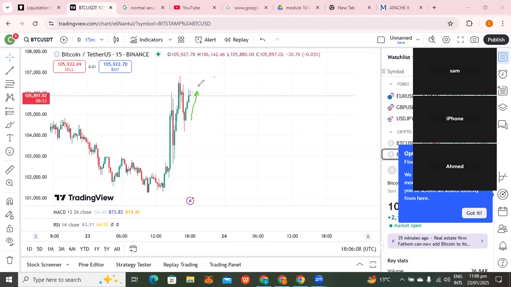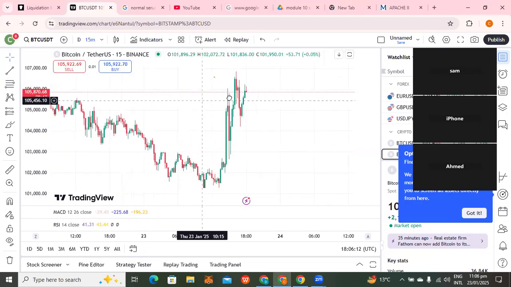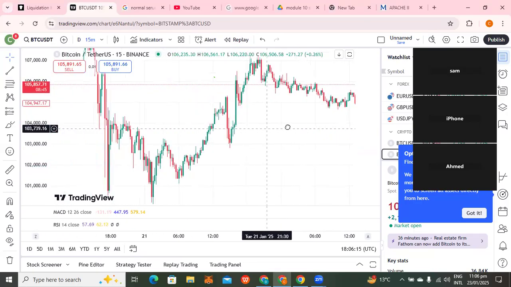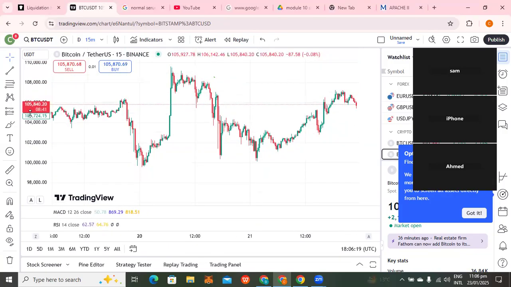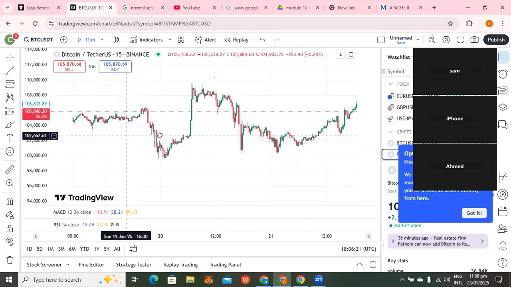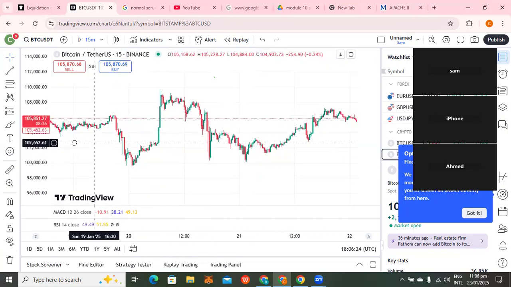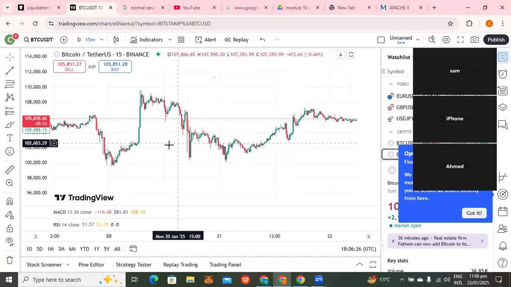To mark supply and demand zones, you have to go into the past. You have to scroll back, and look for zones where price has rejected very harshly in the past. As you can see over here, price really sharply rejected from here, made huge red candles, more red candles.